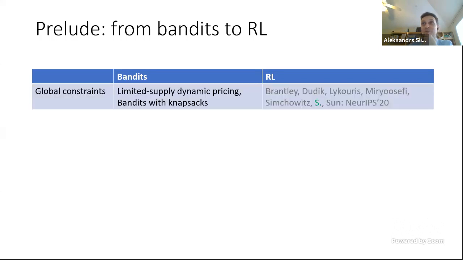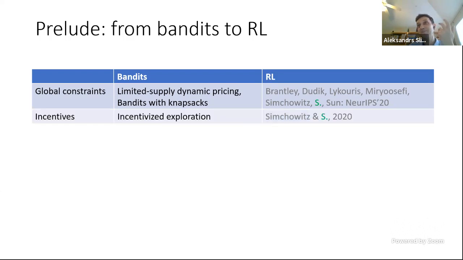One such theme was global constraints, where there was a bunch of work on dynamic pricing with limited supply, and more generally on bandits with knapsacks. And we recently did something along that theme in RL. Another theme was incentives, where you want to incentivize self-interested agents to explore when each one of them selfishly would prefer to exploit. And recently, we've been thinking about incentivizing reinforcement learning.